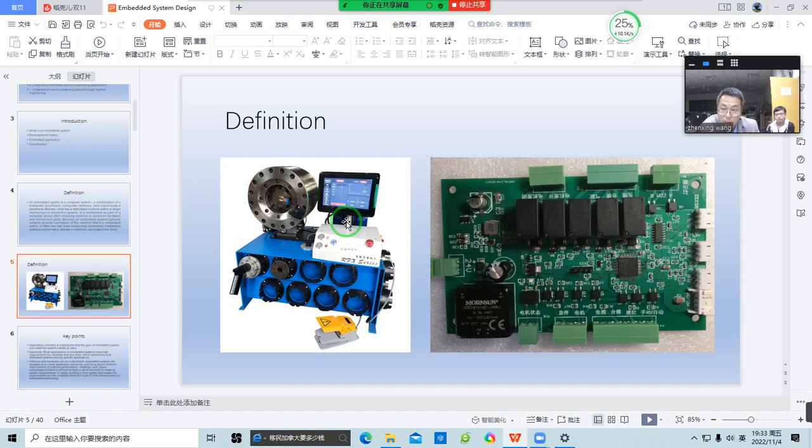Because what you design should fulfill the requirement of the customer. This is very, very important. You cannot design a device that is not what the customer wants. Otherwise, this is a failed project.